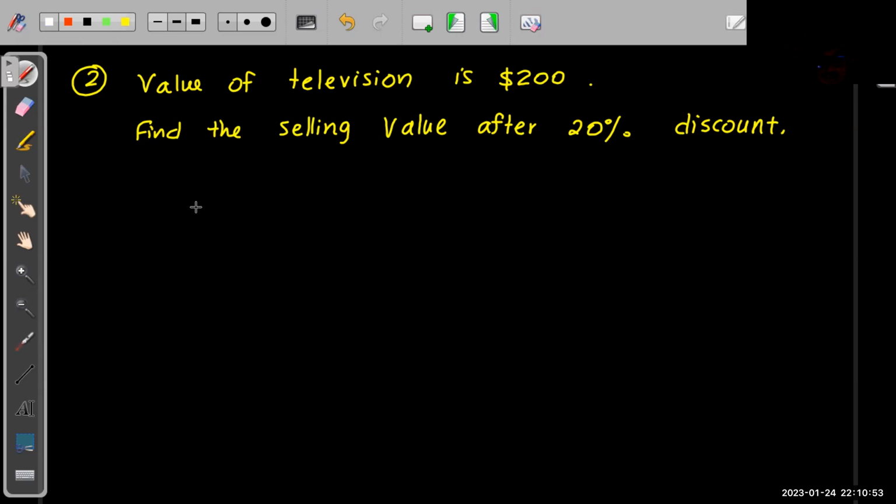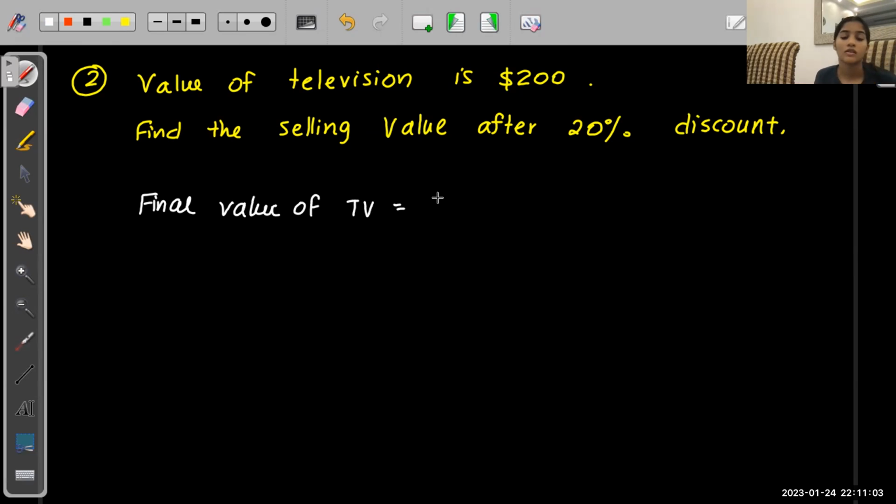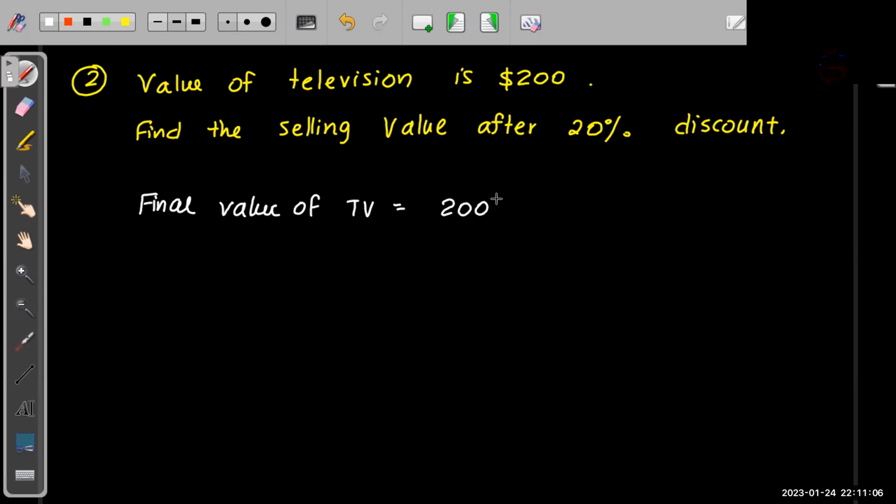If you're getting a discount, I'm writing final value of TV, which is now 200 was the price. After this, we are getting a discount. From 100, you are subtracting 20. Then you are getting 200 into 80 over 100.